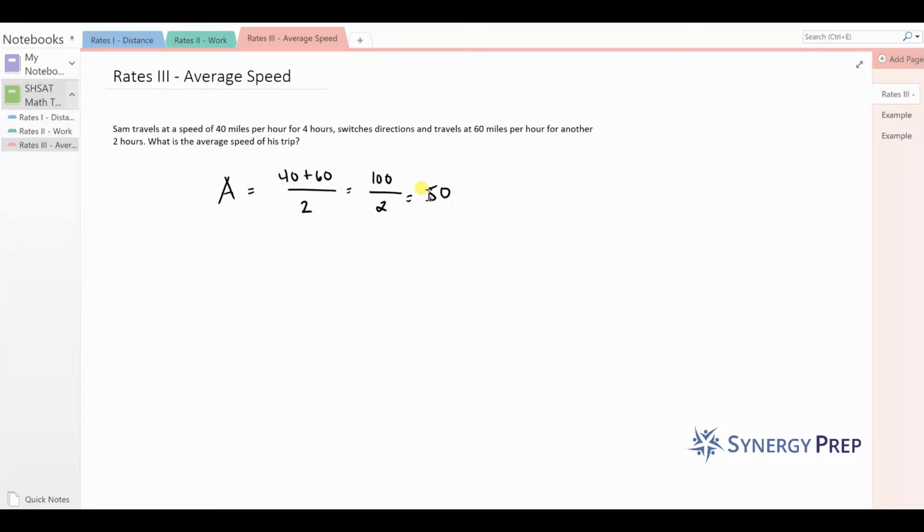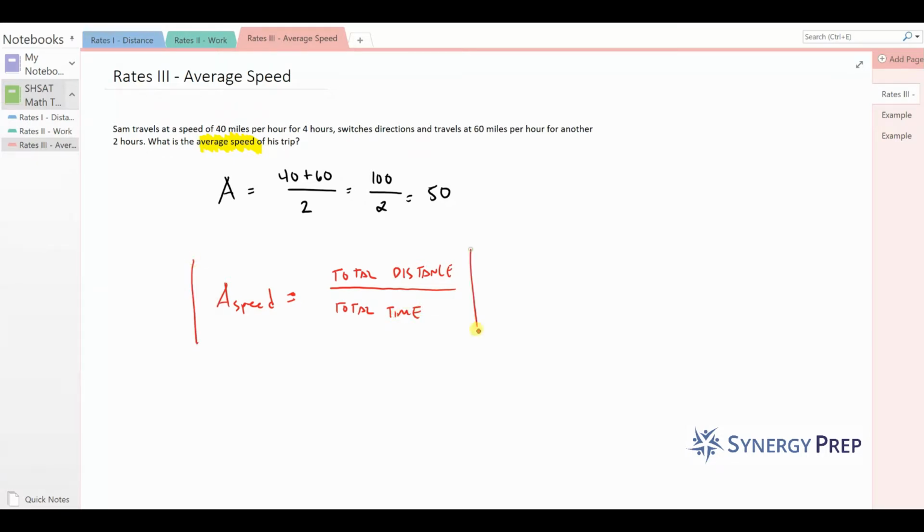There's a particular equation that you should have memorized, especially when you see this indicator of average speed. And that equation is: average speed is equal to total distance over total time.